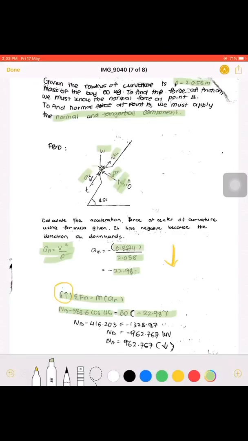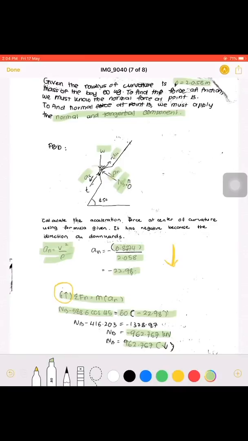Lastly, we get NB equal to negative 962.767 kilonewton. The answer is negative, so our assumption is wrong; the right direction is downward.